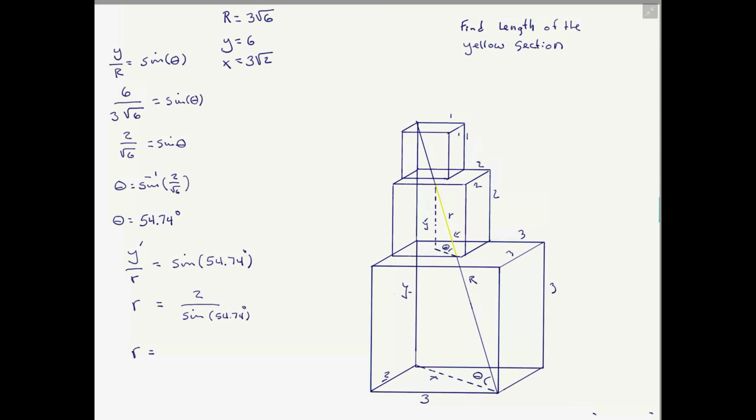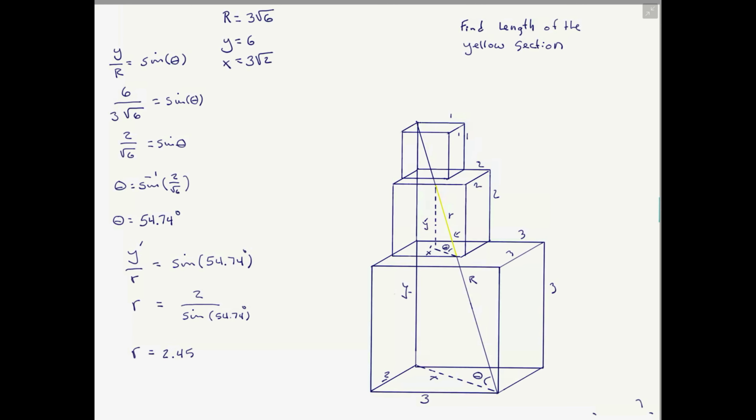Well, we know what y prime is. Y prime is 2. So we have r, just a little algebra, is equal to 2 divided by sine of 54.74 degrees.